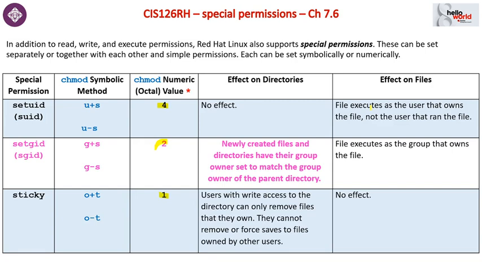We can do that symbolically with g+s. So remember, before we might have g+r, g+rwx or dash. In this case, we would have g+s to turn it on, or g-s to turn it off. And you'll notice that the primary thing is on a directory.